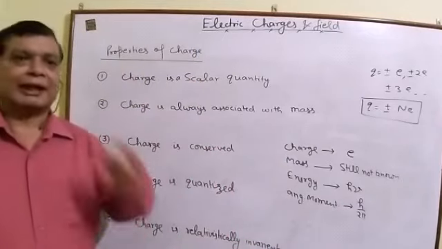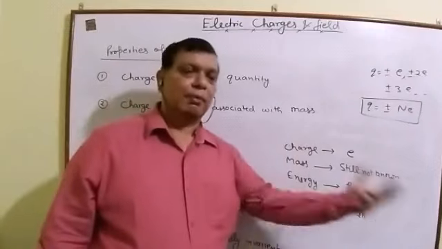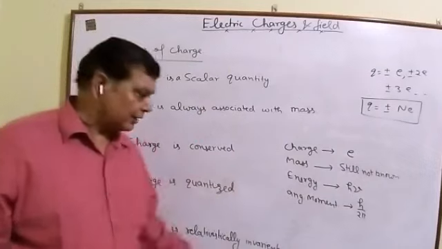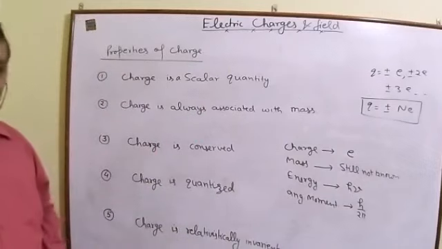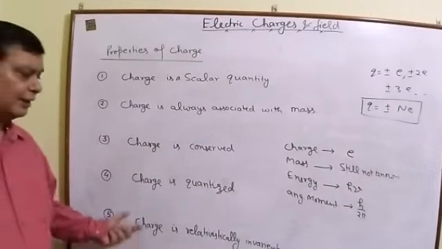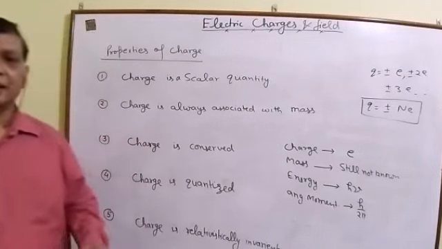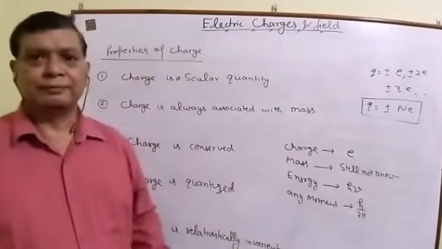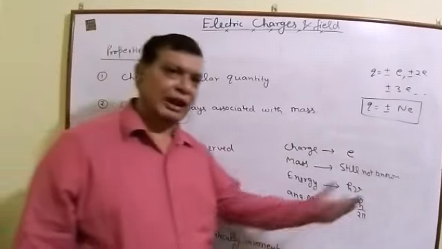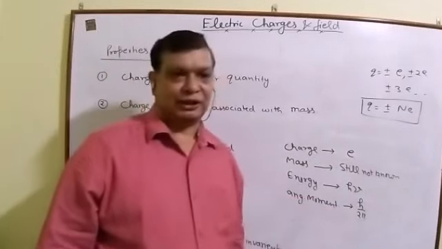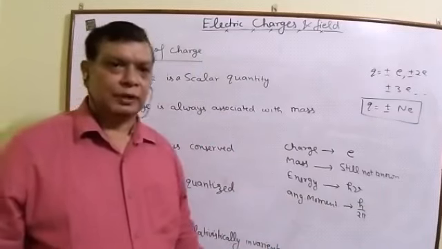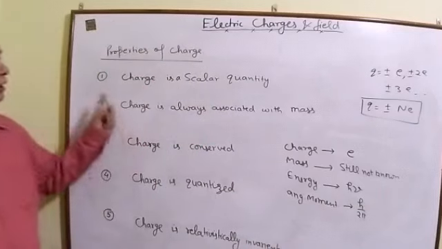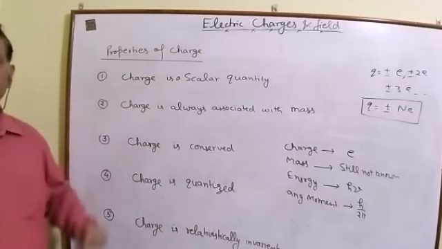And the dynamic mass is always more than the rest mass. But the inherent property, charge, it is invariant. Means if anybody is having charge and that is in motion, the value of the charge doesn't change. Got it? So all these are the properties of the charge. Okay?